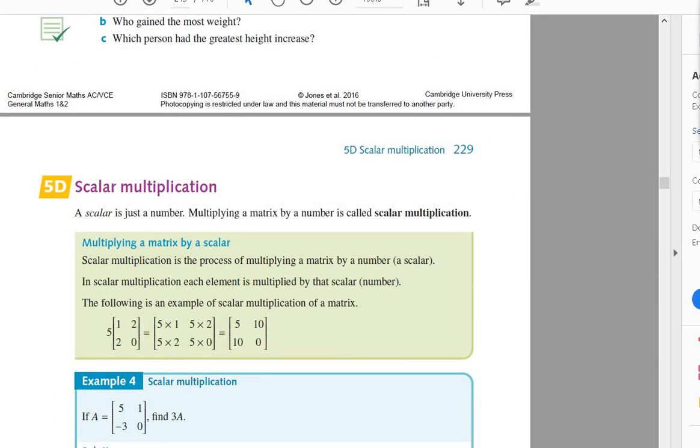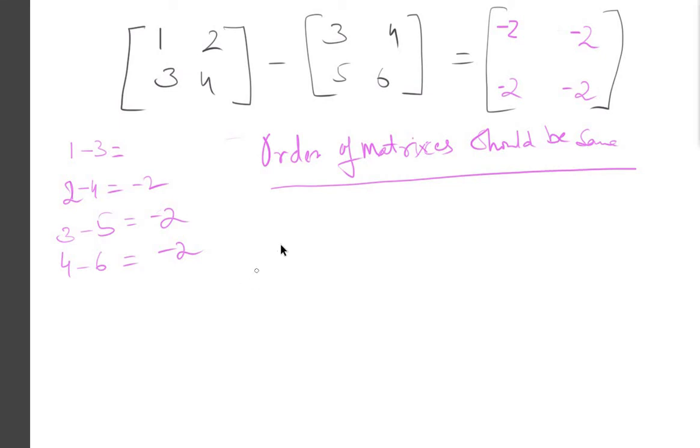Now, one point that I missed out is that there's something called a zero matrix. Let's see what a zero matrix is. Suppose I've got two matrices that I'm subtracting from each other.